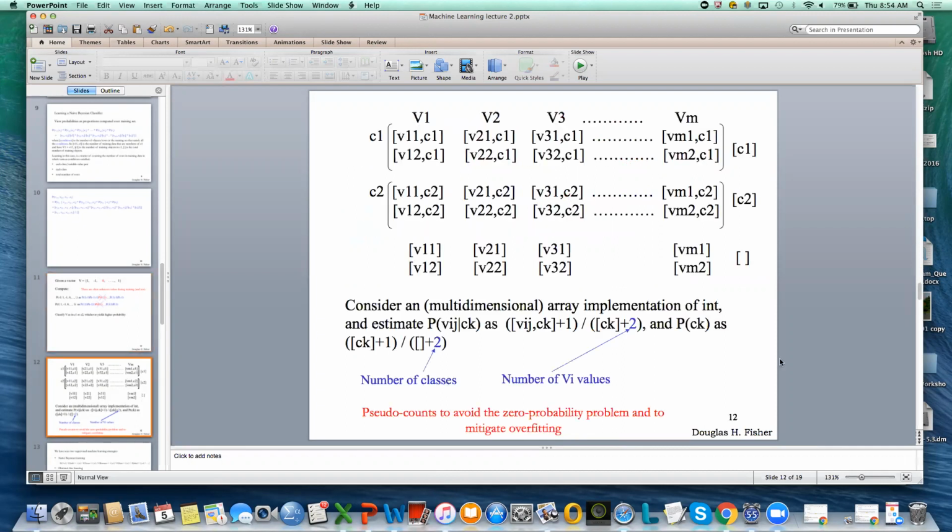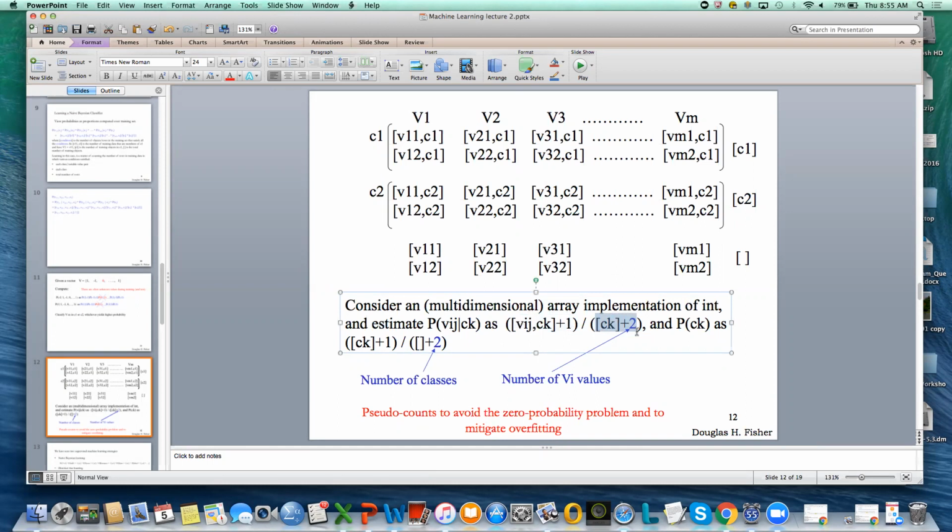And so when you really implement a naive Bayesian classifier, you'll typically use pseudo counts. And a pseudo count is going to be simply adding on an additional increment, constant increment to the counts. So when I compute the probability of V sub ij given ck, I don't compute it as simply this count divided by this count, but I compute it as this count plus 1 divided by this count plus 2.